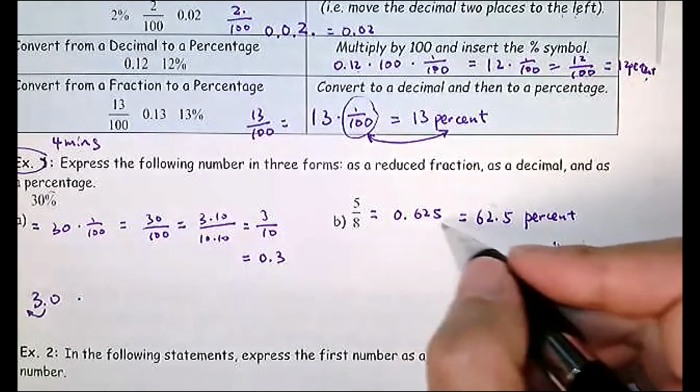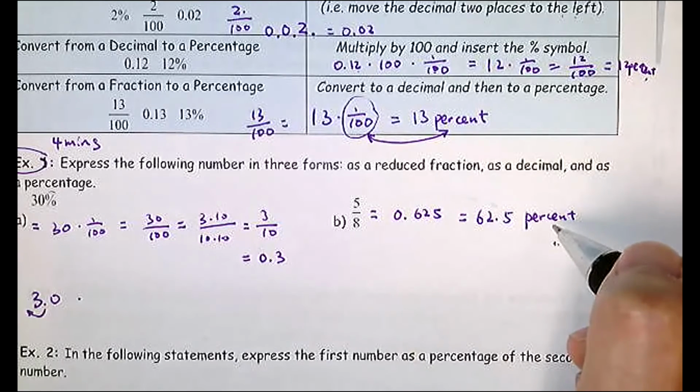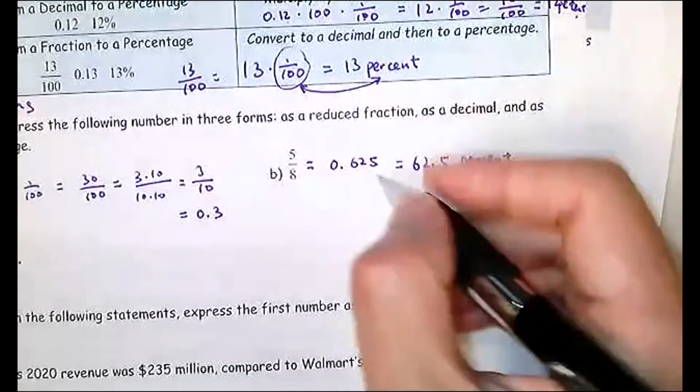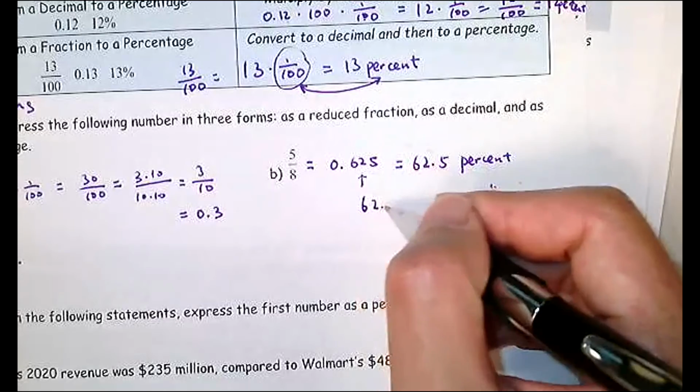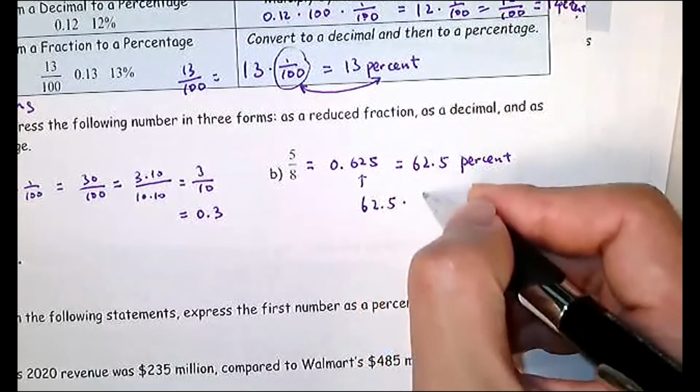Does anyone have any question about how I get from here to here? Okay, I think there must be somebody who is shy. So this is 62.5. Let me elaborate a little bit. Times 1 over 100.